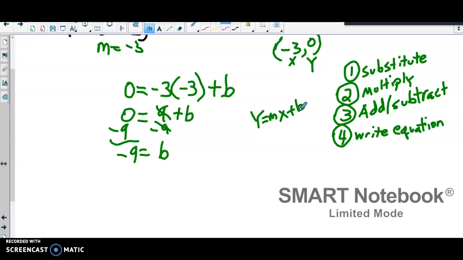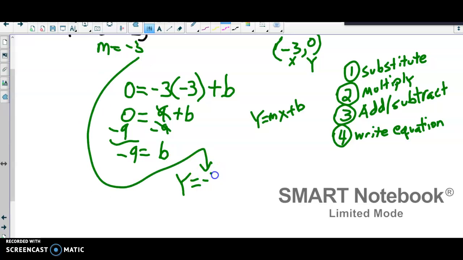So my slope is right there, which is -3. That's going here. Put my x right back in there. And I got my y-intercept -9. Done.